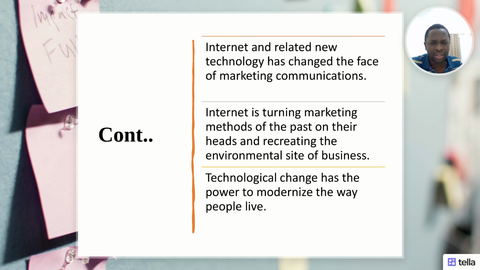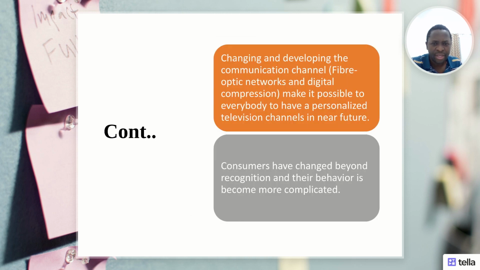Internet and the new technology has changed the way of marketing communication. Organizations can now use what we call the integrated marketing communications approach. Internet is turning marketing methods of the past on their heads and recreating the environmental side of business. Technological change has the power to modernize the way people live, the way companies engage with their customers, capture the customer voice in a much more interactive way.